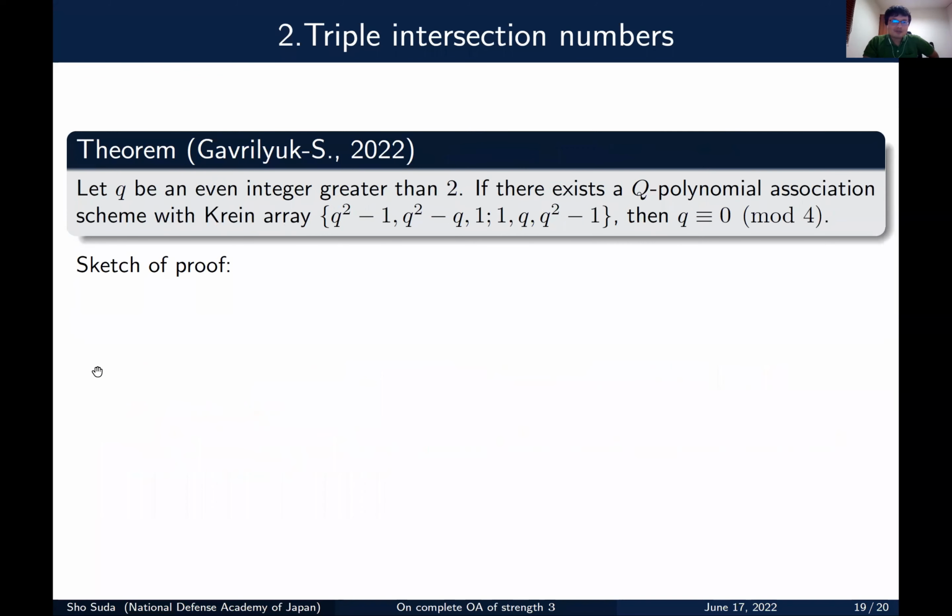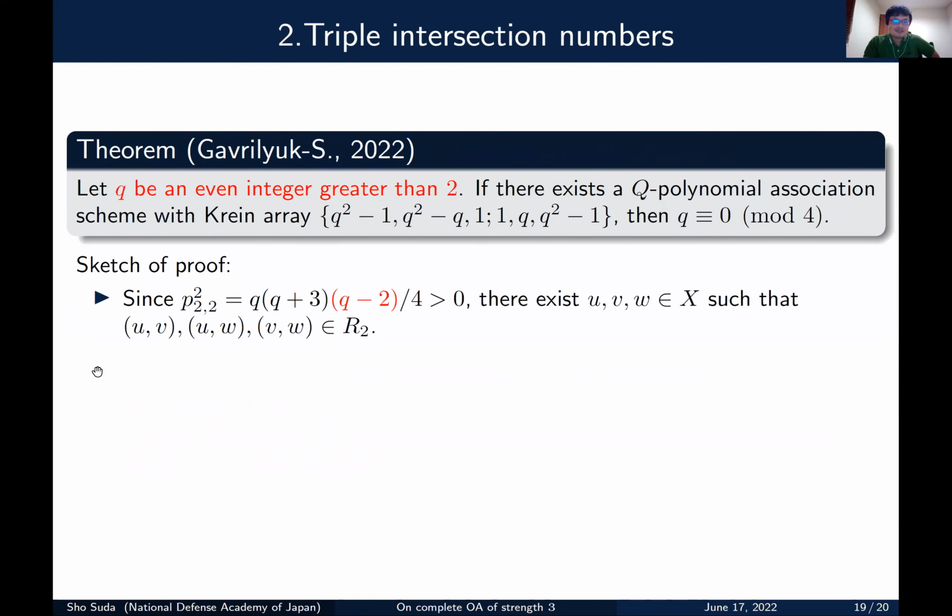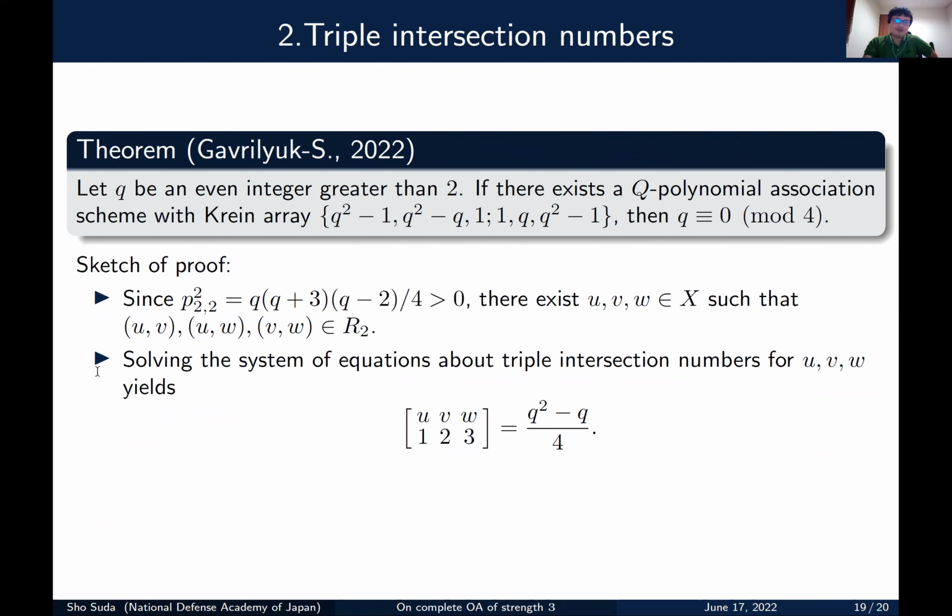Okay, so now I want to show a sketch of our proof. In this case, we calculate the triple intersection numbers from three vertices U, V, W whose relations are R2, and there exist such triangles because q minus 2 is positive.